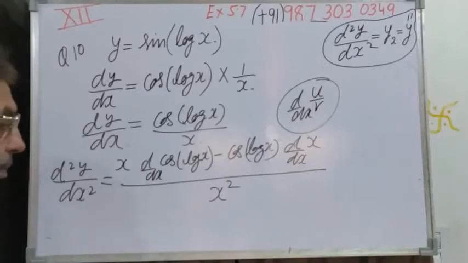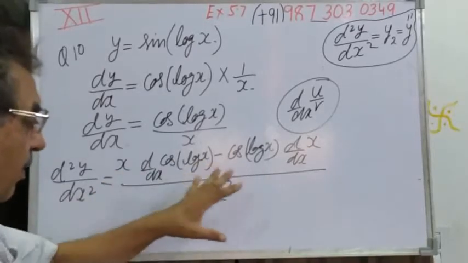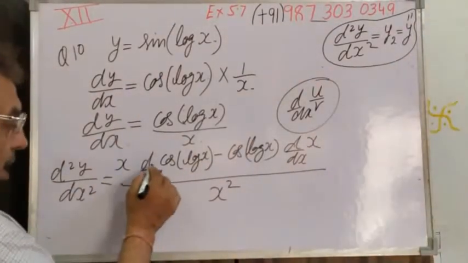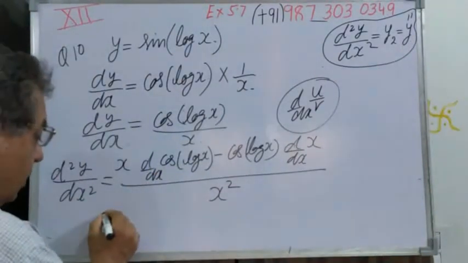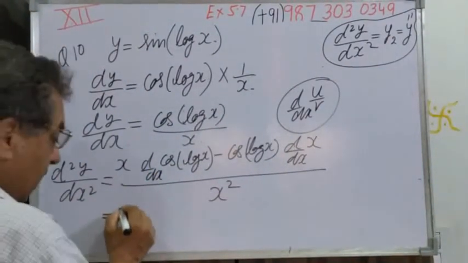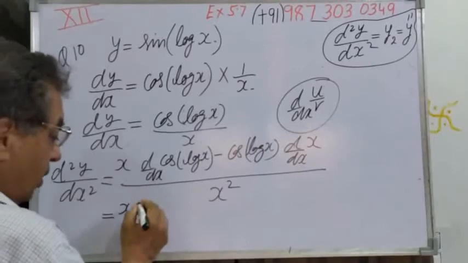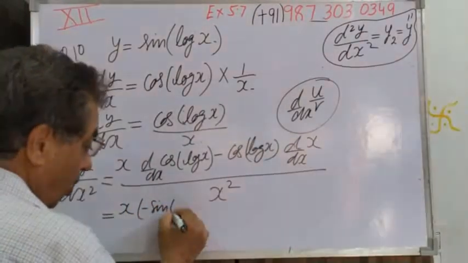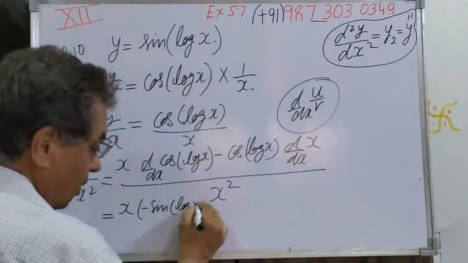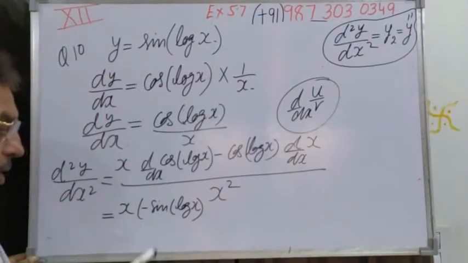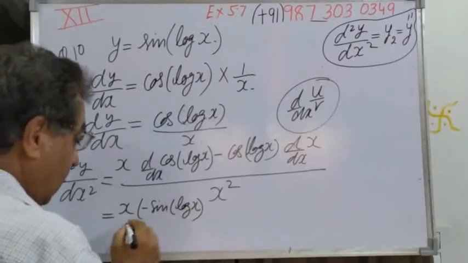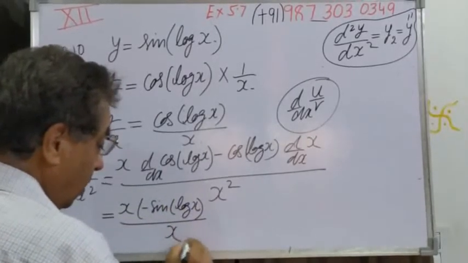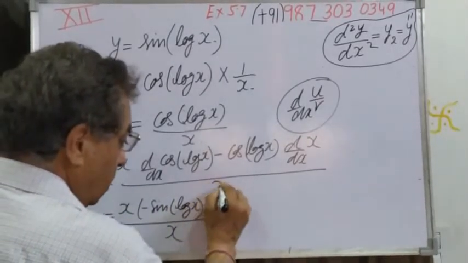Alright. Now we can simplify it. So what is the derivative of cos log x? x as it is, the derivative of cos you have got is minus sine log x. According to the chain rule, the derivative of log x is 1 by x, into x.